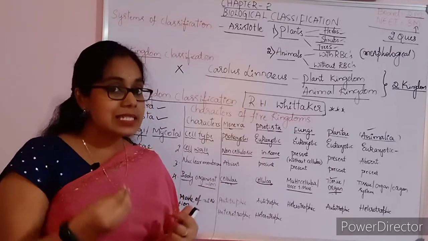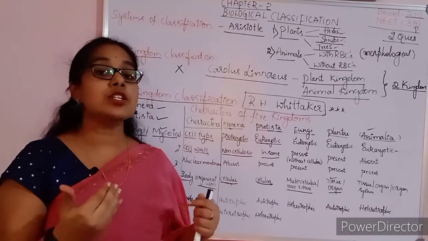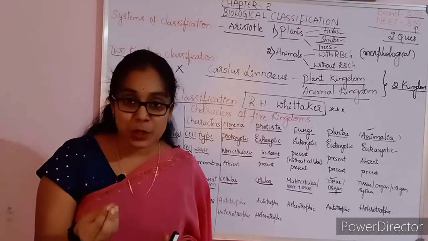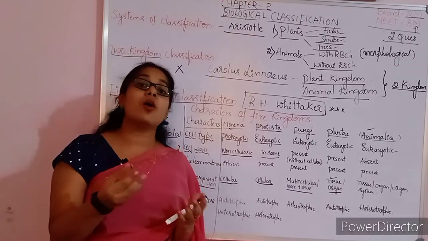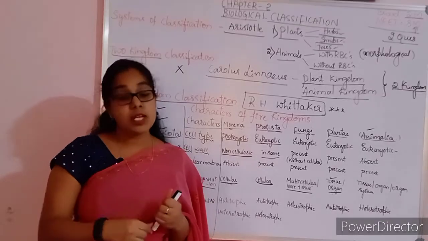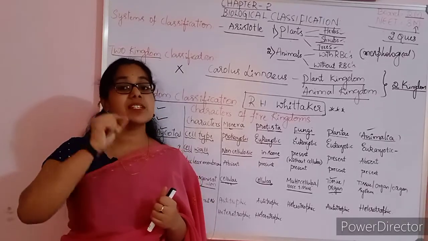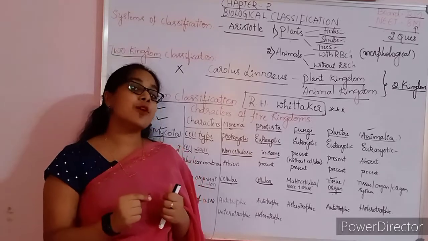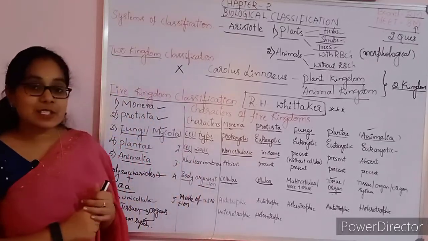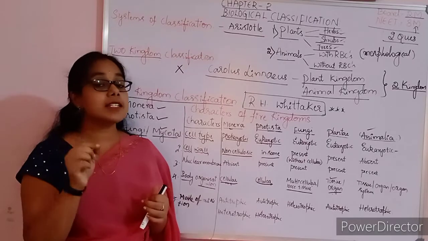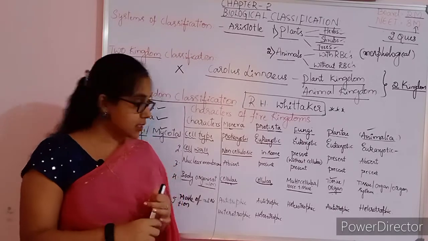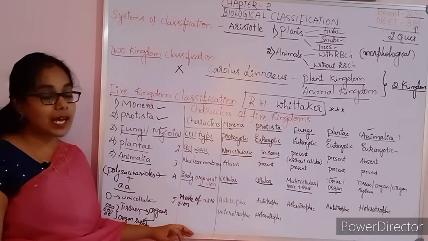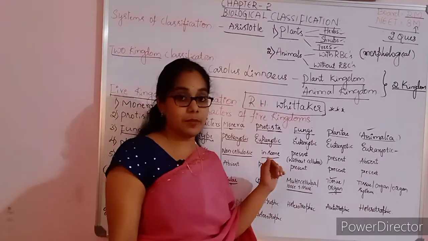If the organisms have the capability of synthesizing their own food, then such organisms are called autotrophs. If the organisms depend upon other organisms for food, we call such organisms heterotrophs. Got it? Based on that also, we have classified organisms under these five kingdoms.